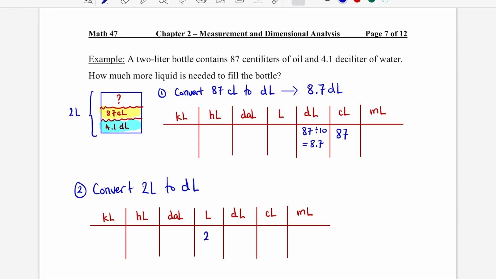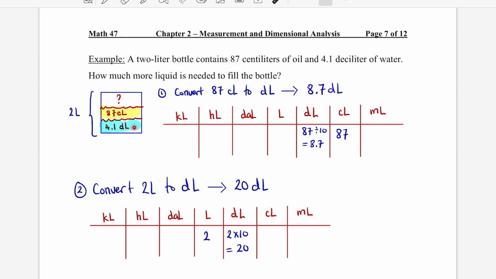So I have 2 liters, and I want to convert 2 liters to DL. So liter is 10 times larger than deciliter. So to convert 2 liters to DL, I take 2 times 10, which is 20 DL. So the whole thing is 20 DL. The yellow part is 8.7 DL.